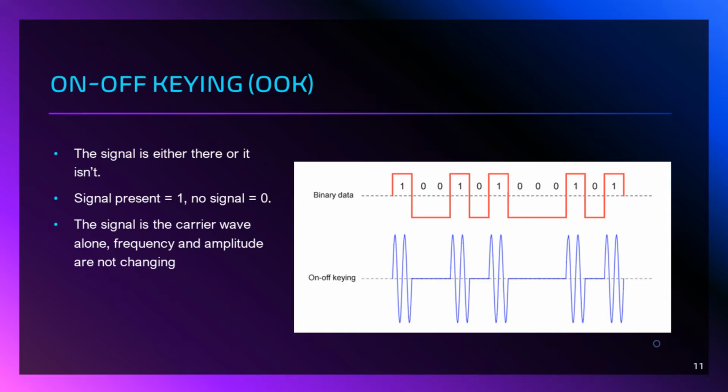So the signal is just the carrier wave alone. Frequency and amplitude aren't really changing in this, typically. So you guys can all see the chart here. We have one period of time that we are broadcasting, and then a period of time that we're not.